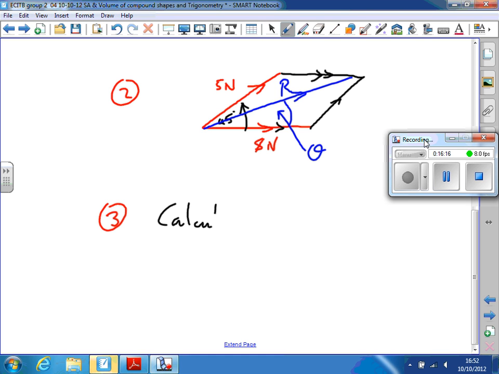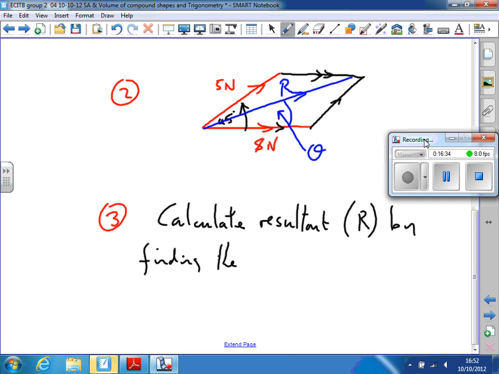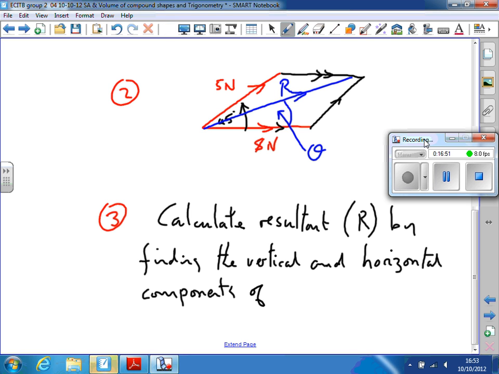Calculate the resultant. I'm going to call the resultant R by finding the vertical and horizontal components of each force and adding them together.